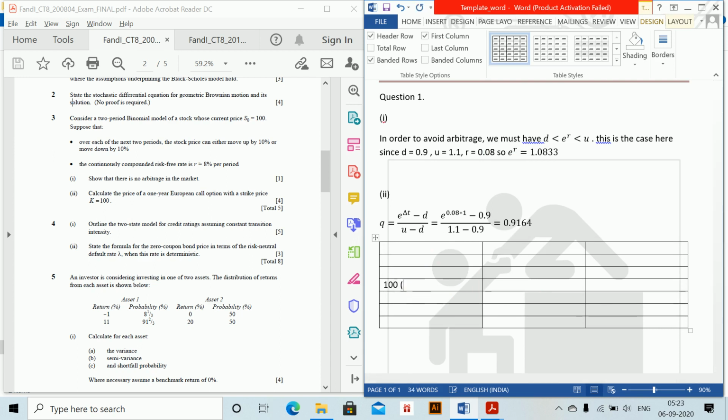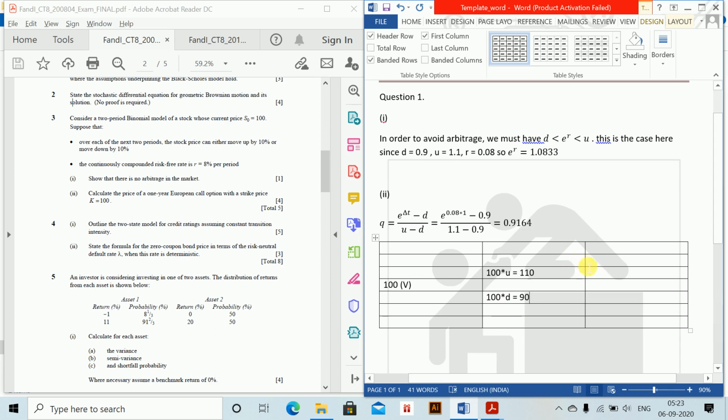So 100, which is the value of S0. Then we have our up branch. This goes to 110. I'll just write 100 into U. If you want to write this, you can; if you don't want to, you can skip. Okay, 110, and this goes to 100 into D, which is equal to 90.